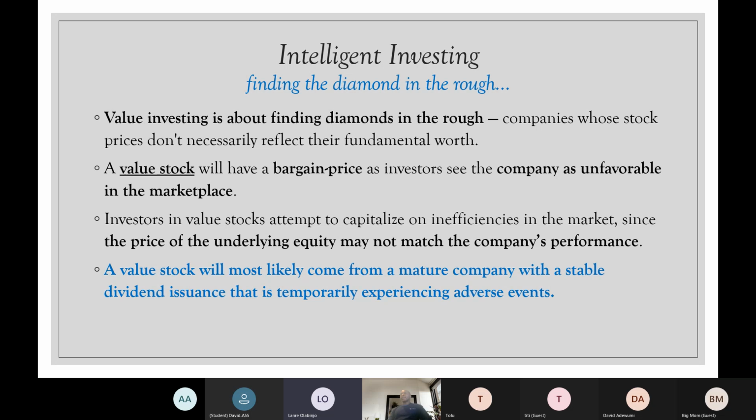So as an intelligent investor, you need to be able to figure out what is that cutover point and be able to look at each stock from that point of view. Okay. So generally speaking, a value stock is a stock that's selling at a bargain price. And as an investor, if you're able to identify that investment at a good time, it's likely going to rise in value and you will make money as a result of that rise in value.